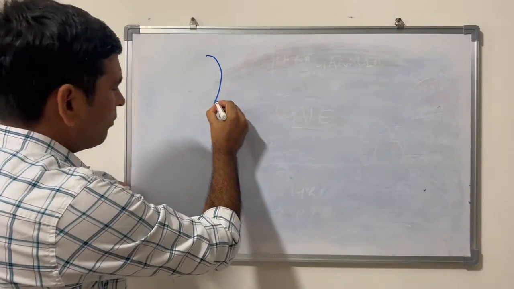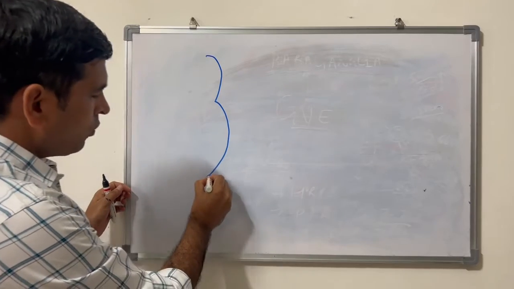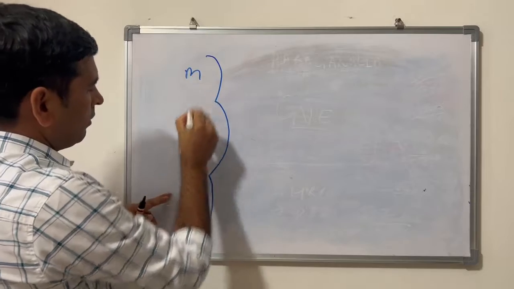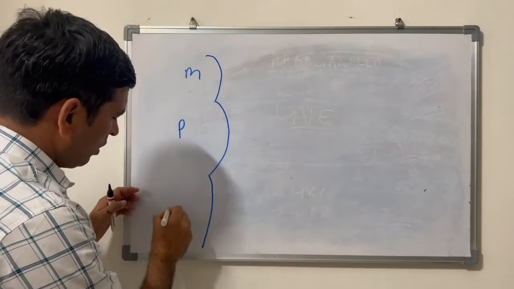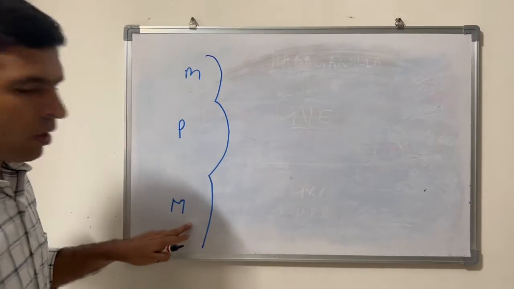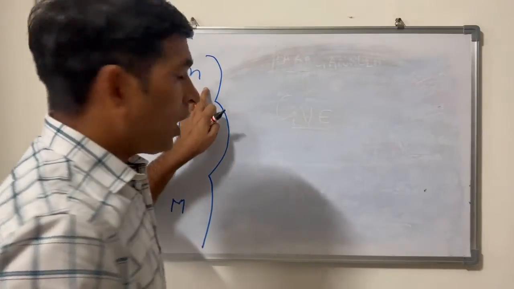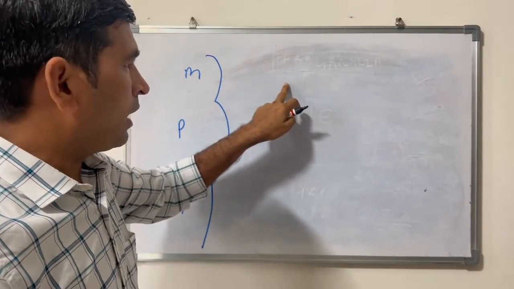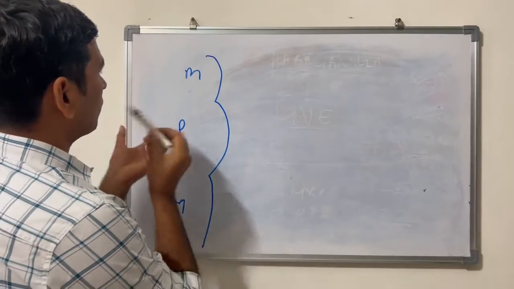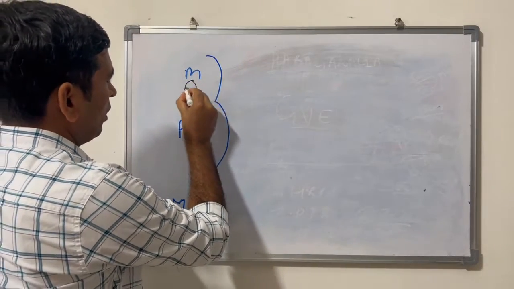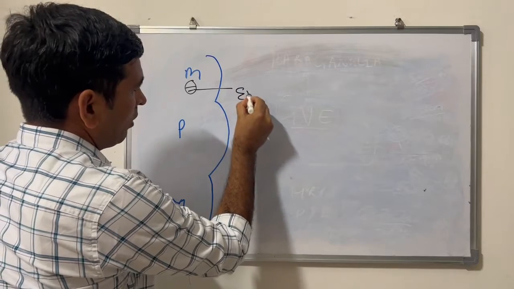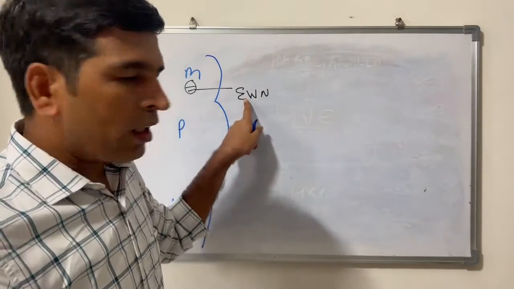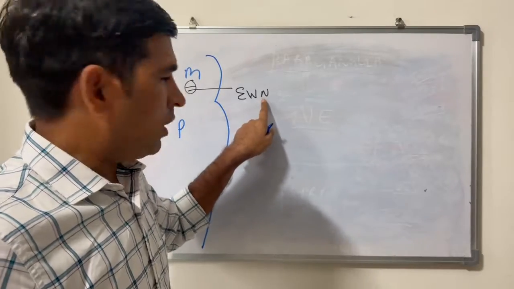This is the midbrain, this is the pons, and this is the medulla. In the midbrain, one nucleus is present for the head and neck parasympathetic ganglia, that is called the Edinger-Westphal nucleus.